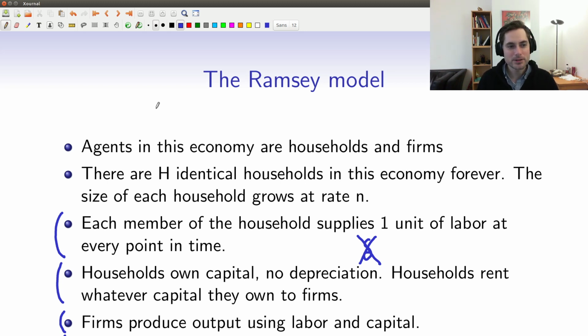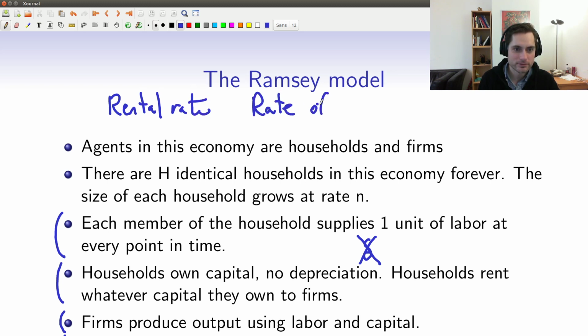Now, I'm going to be using two terms here somewhat loosely. Sometimes I say rental rate of capital, and sometimes I'll say rate of return. These two concepts are somewhat different, but in this model they're actually going to be the same because we're in continuous time.